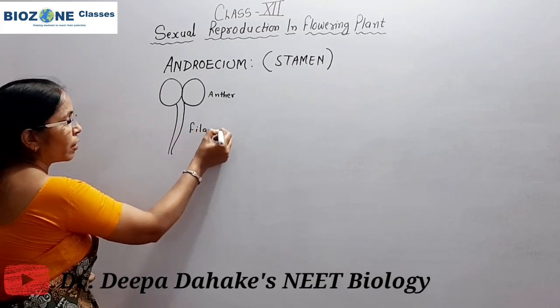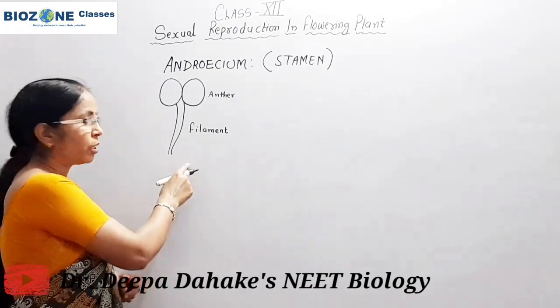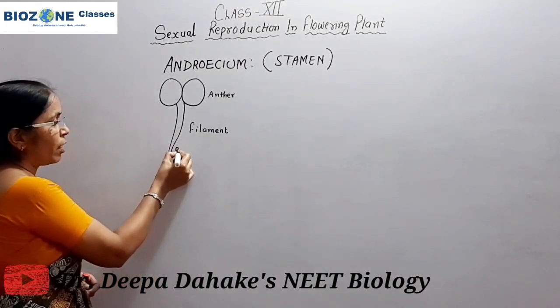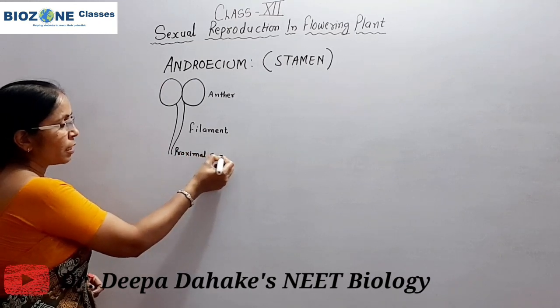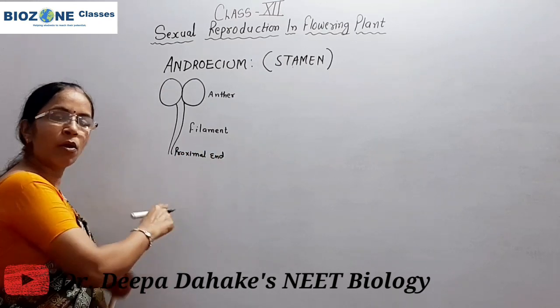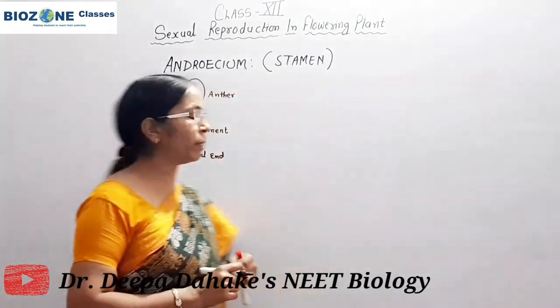Filament consists of two ends, proximal end and distal end. The proximal end of the filament is attached to the thalamus or to the petal.